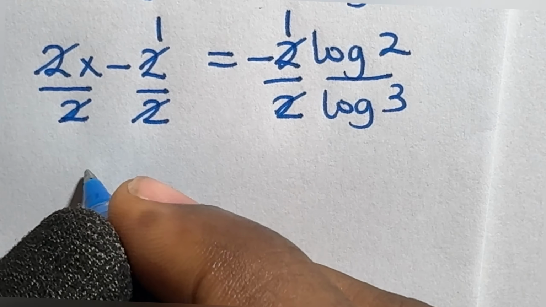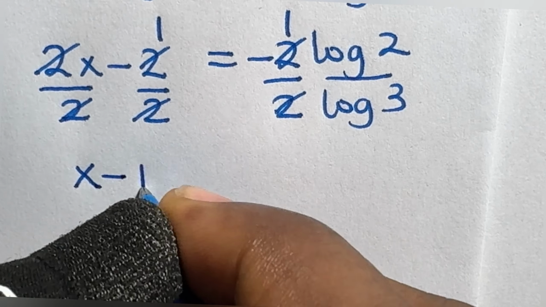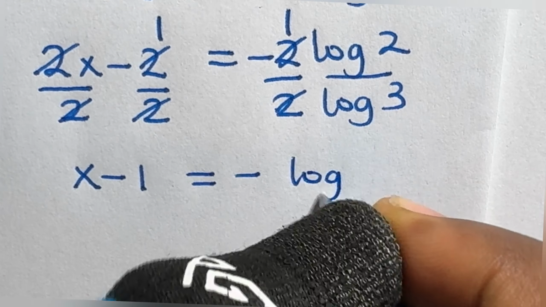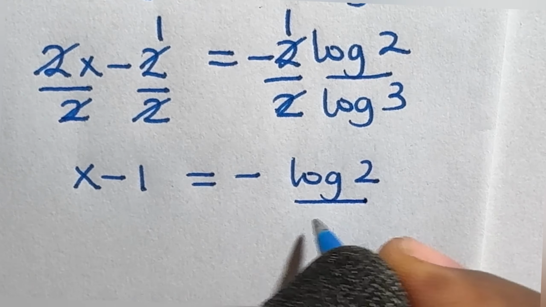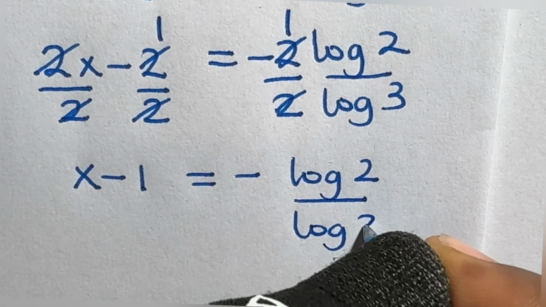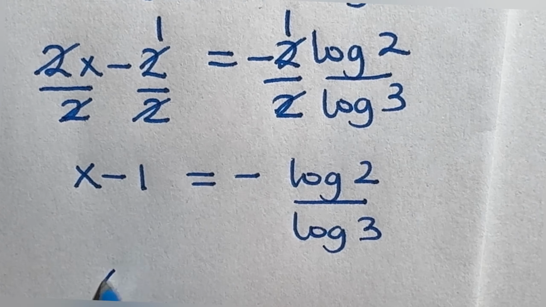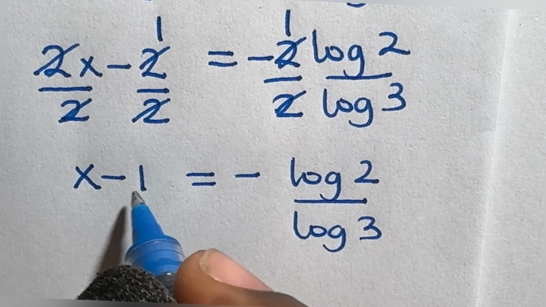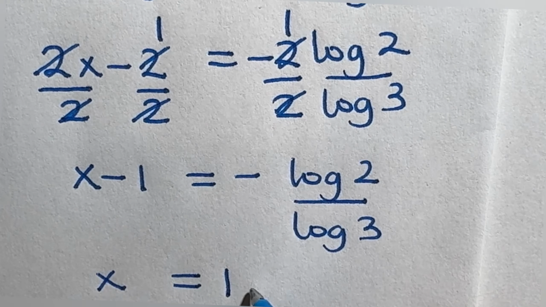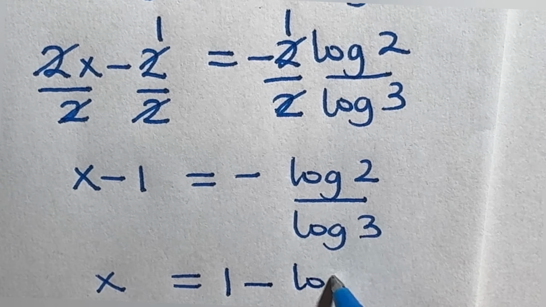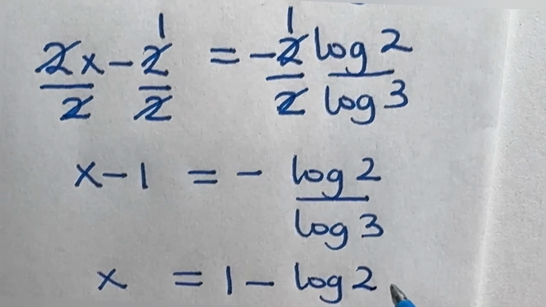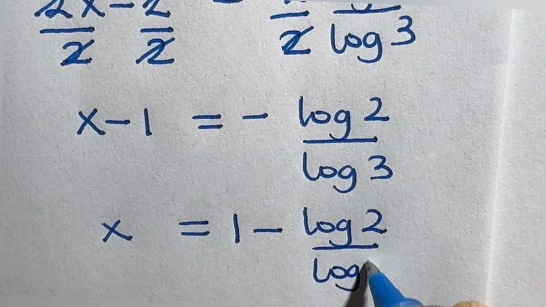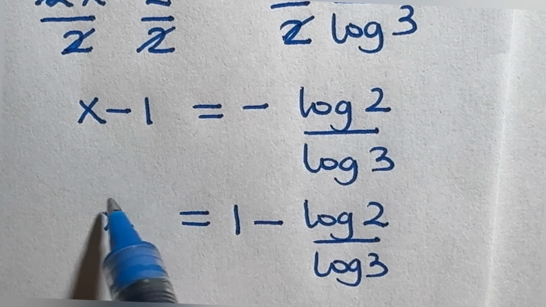So I have x minus 1 is equal to negative log 2 divided by log 3. So that my x is now equal to 1. If I transfer this negative 1 to the other side, I have 1, then minus log 2 divided by log 3. This would be our final answer.